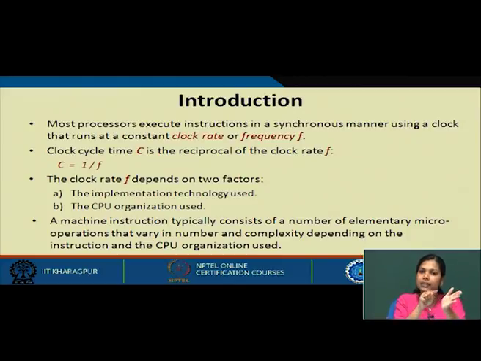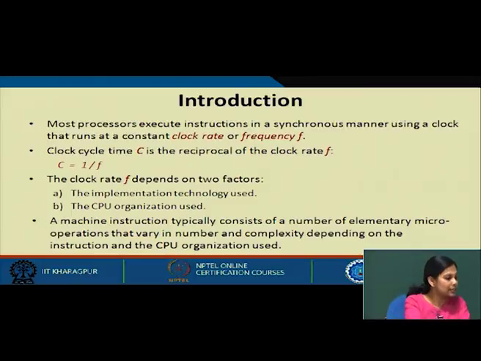Now, how that instruction gets executed is through a clock. That means a clock is coming, and at the positive edge of the clock or within that clock period, certain task is performed, and within a time period, depending on the frequency, the number of clocks comes in, that is clock is coming one by one by one.